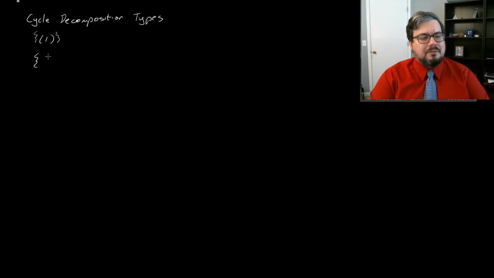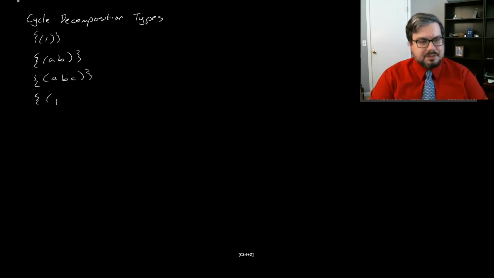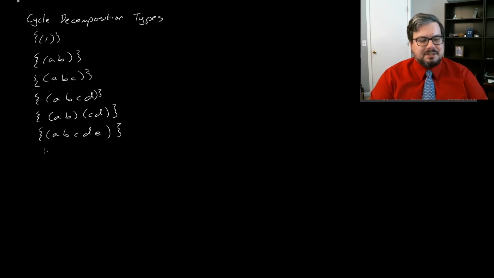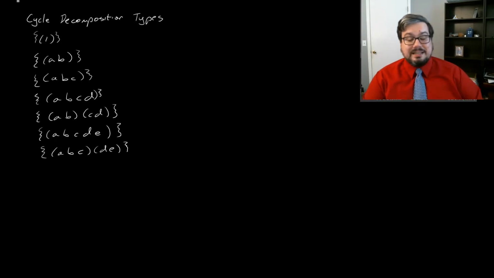Then we have all of the transpositions, AB. We have all of the 3 cycles, ABC. We have all the 4 cycles, ABCD. We have all of the products of disjoint transpositions, AB times CD. We have all of the 5 cycles, ABCDE. And then we have all of these of the form ABC times DE.